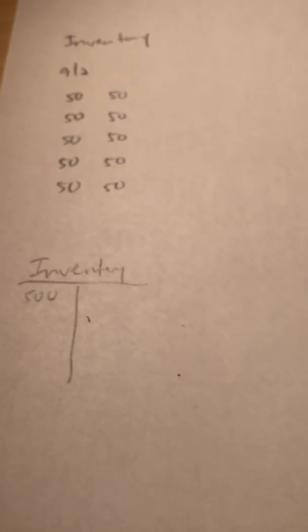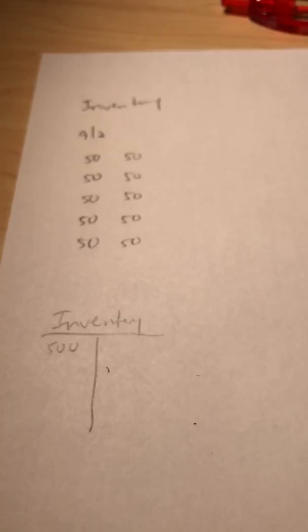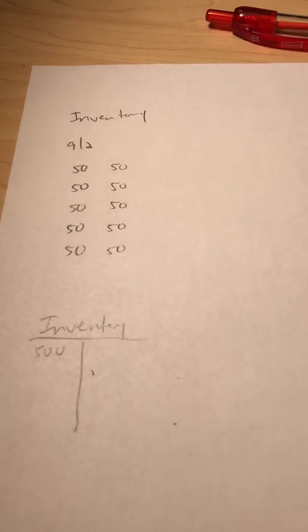So let's just write them down. 50, 50, 1, 2, 3, 4, 5, 6, 7, 8, 9, 10. So we have in inventory $500. Real simple. That's basically what we did. We just broke it down. That's what's in our inventory.